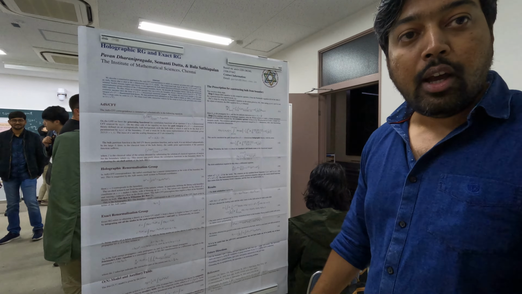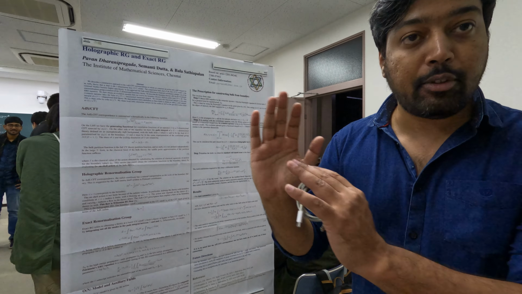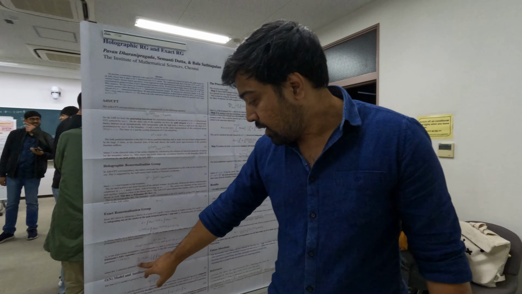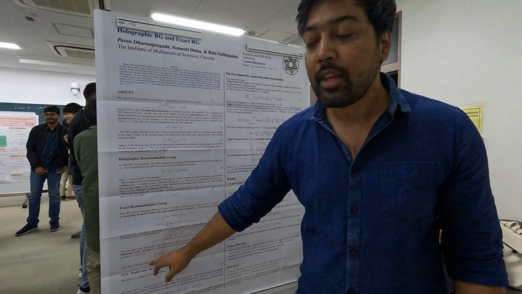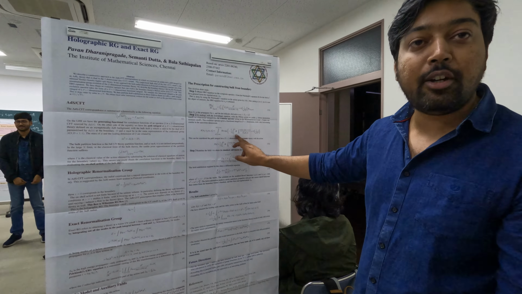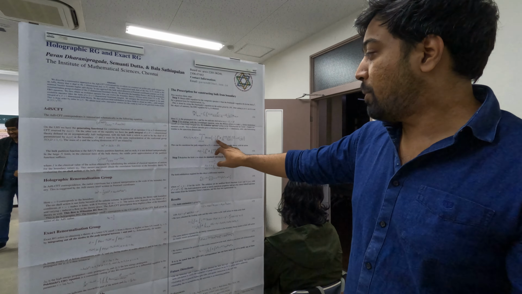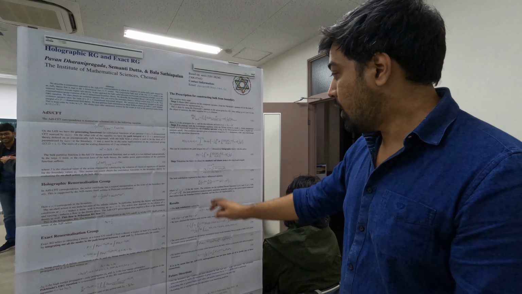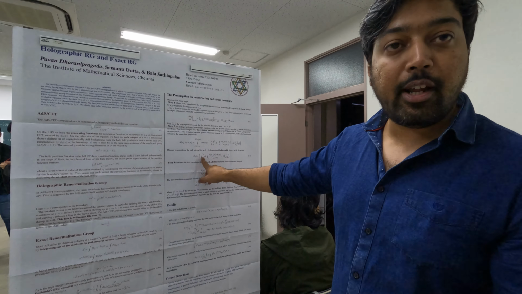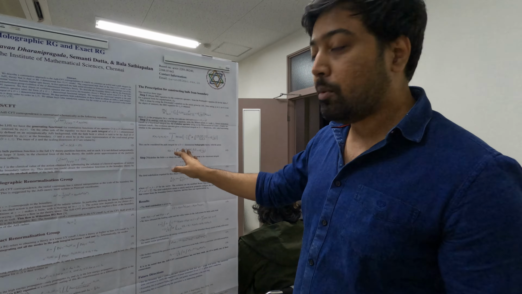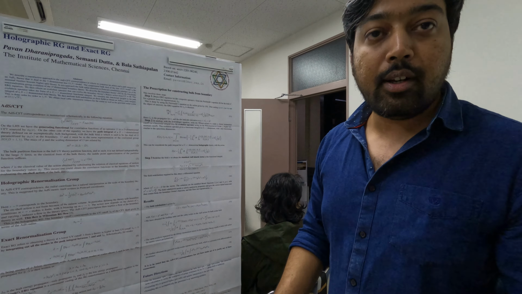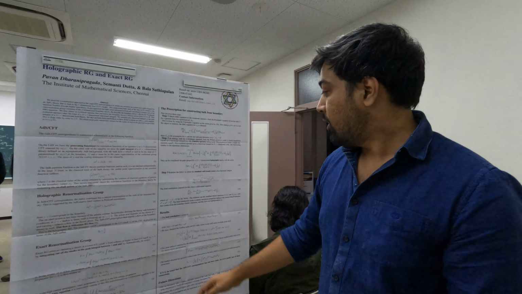RG scale means Lambda, the cutoff of the boundary. This equation is telling you how the theory is changing with cutoff. That cutoff is being integrated over in the path integral. So this action has an extra dimension, which is the cutoff. But now we want to interpret this as a space dimension in the bulk.